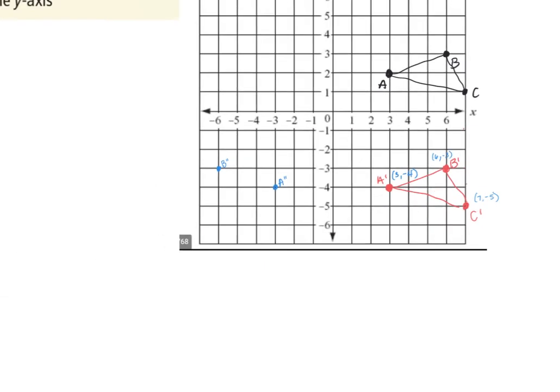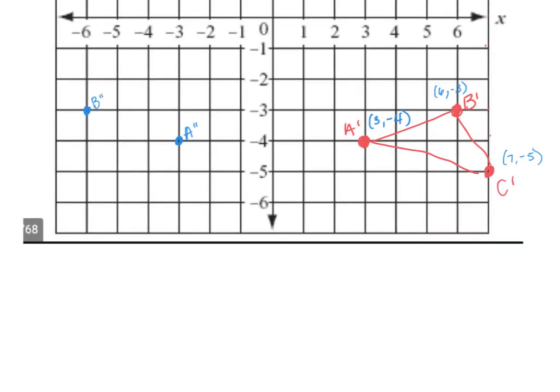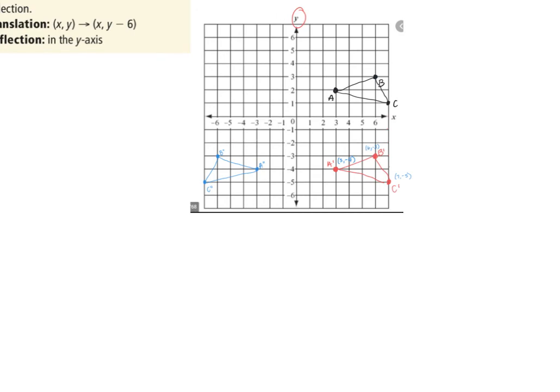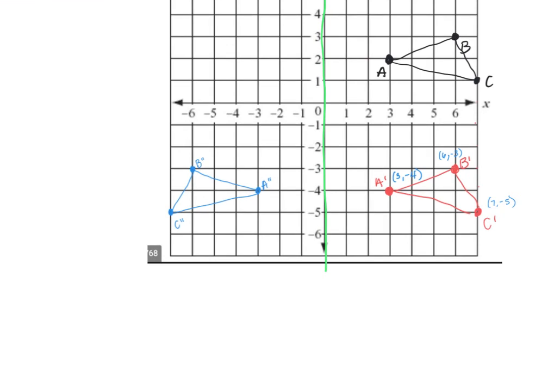So our C double prime will be at negative 7, negative 5, which is all the way over here. C double prime. We draw this triangle. It should look like a reflected image over our line of reflection, which is the y-axis. And it does. Beautiful.